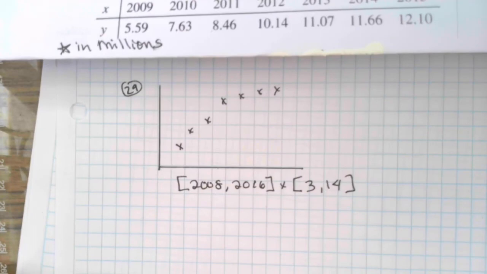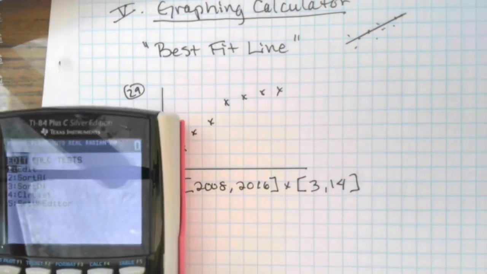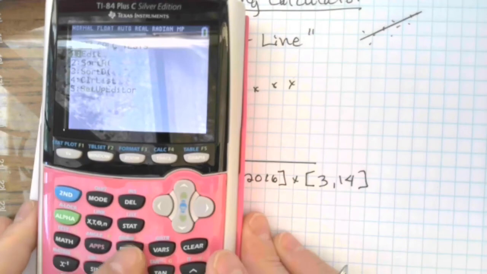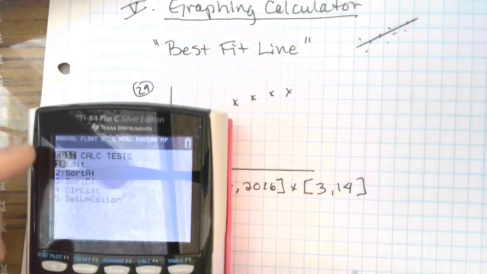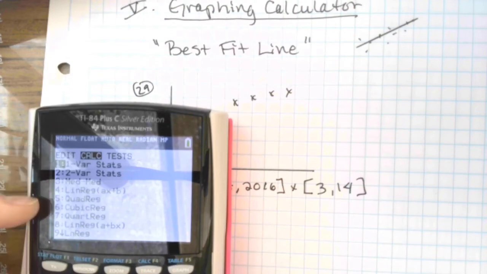Okay, so now we want to do a best fit line. So you're going to go again into your stat menu. So push the button that says stat. Edit is where we put the points, so right arrow to calculation. There's 2 linear regressions, which is what they call fitting a line.